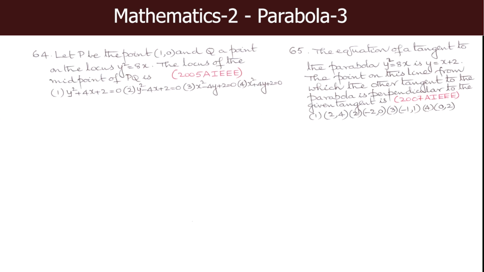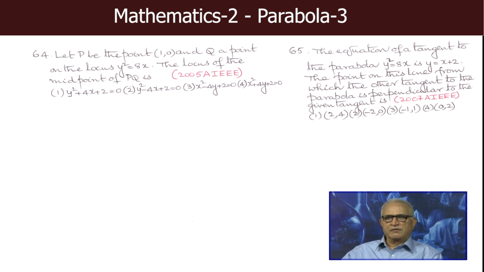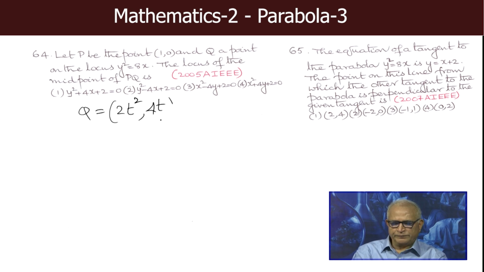Next, 64. Let P be the point 1, 0 and Q a point on the locus y square equal to 8x. So, let Q be at squared, 2at, where a is 2 here, and P is 1, 0.